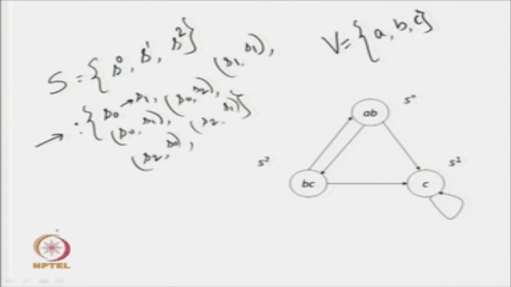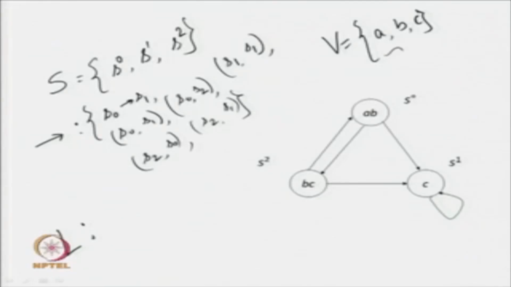Now, along with that, we should have a labeling function L. So, what is this labeling function? It says that we are going to label each and every state by the power set of this set of atomic propositions. So, in a particular state, if the atomic proposition is true, then we are going to label it by this atomic proposition.